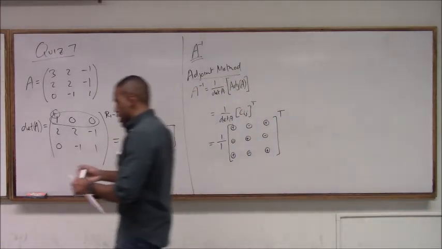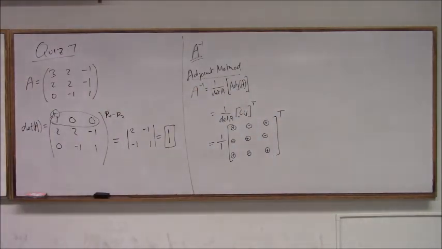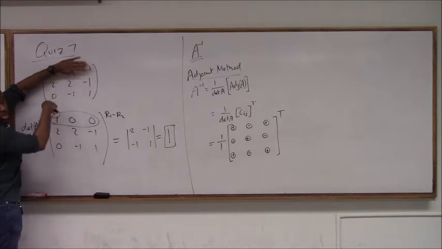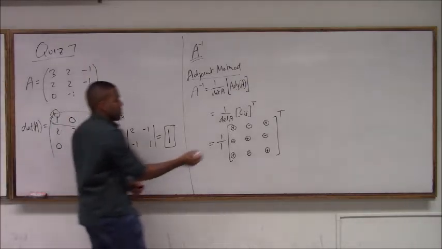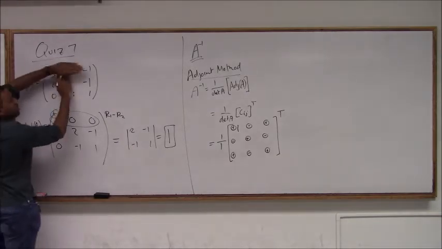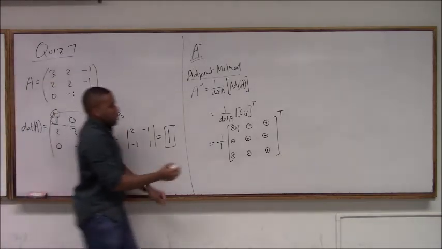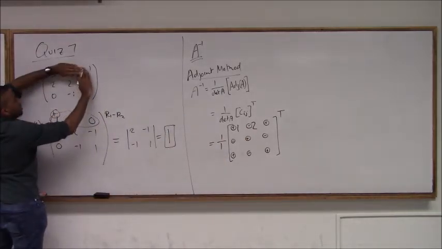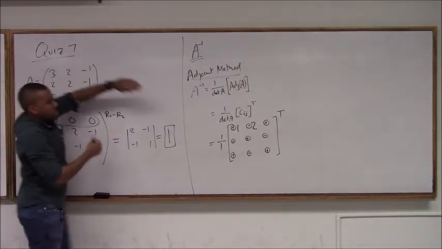We go to the original matrix and find all these mini determinants. To replace the 3, we replace it by its cofactor, which is 2 minus 1. So 1. To replace the 2, replace it with its cofactor, 2 minus 0, 2. To replace the minus 1, replace it with its cofactor, that's minus 2.